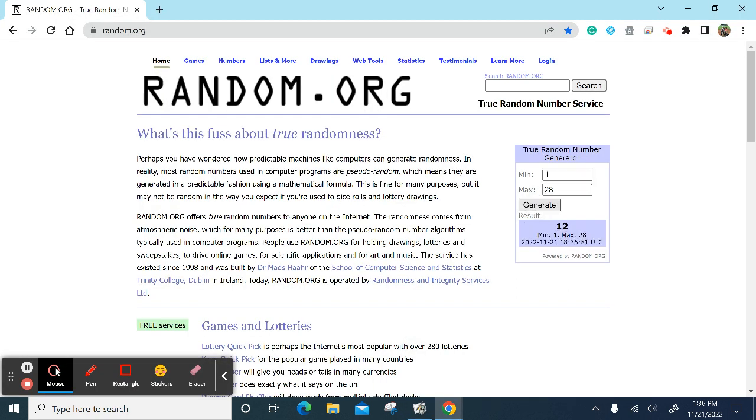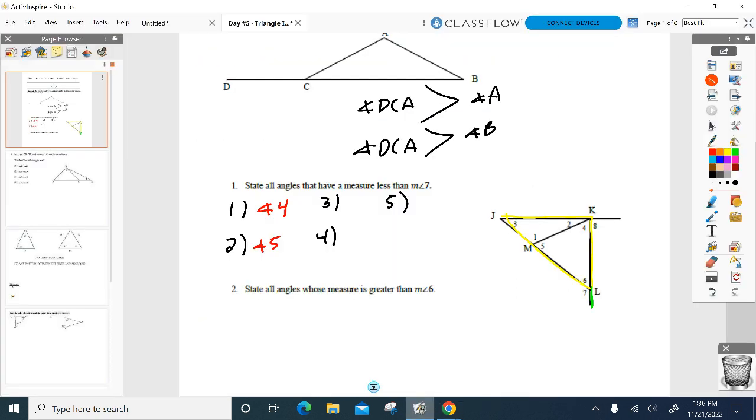Angle J and angle 3, and JKL. Good. Any issues with those? Those are probably the 4 that you should have got.